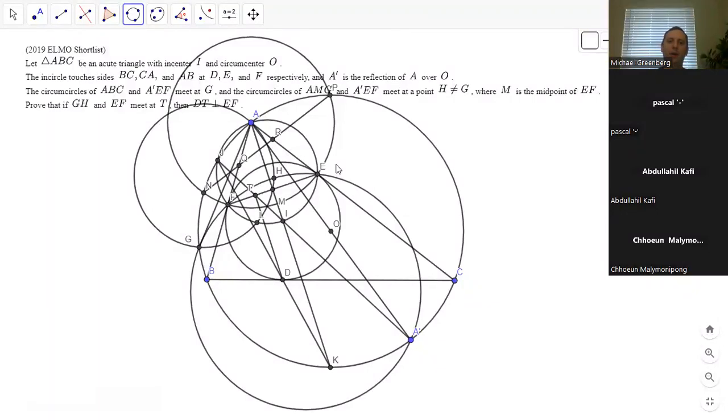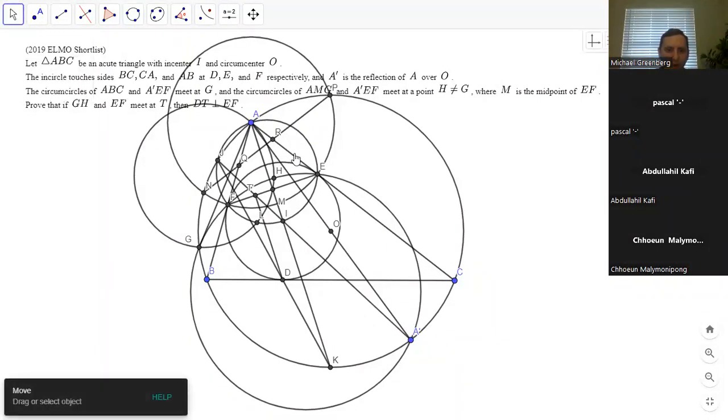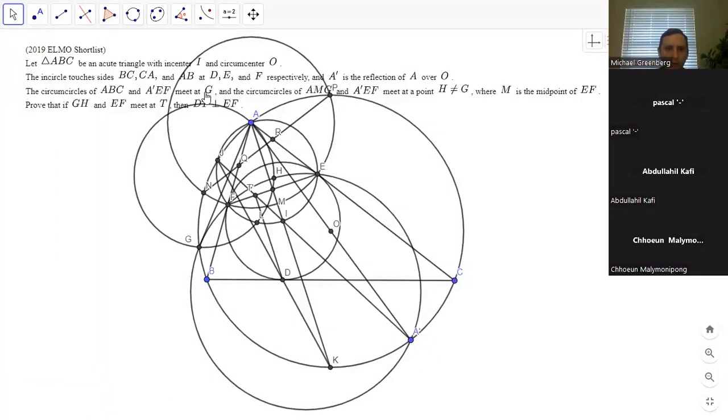Yeah, okay. So B inverts to Q, C inverts to R. So the line BC, the circle BCA, inverts to this line. And then G is the intersection of that and A prime EF. And A prime, where did A prime invert to?